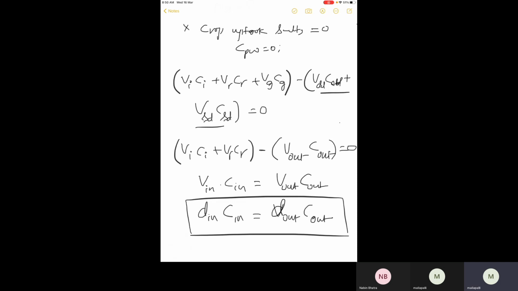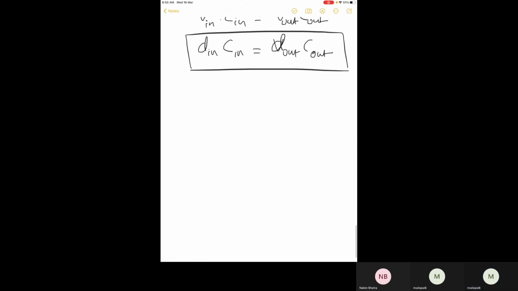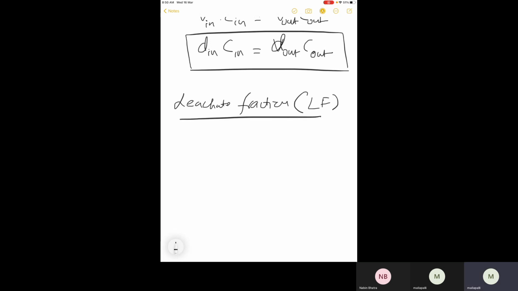Now there is a term called the leachate fraction, generally denoted with LF. So what is leachate fraction?